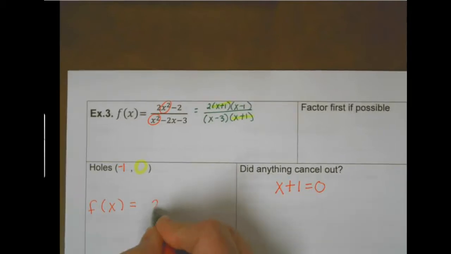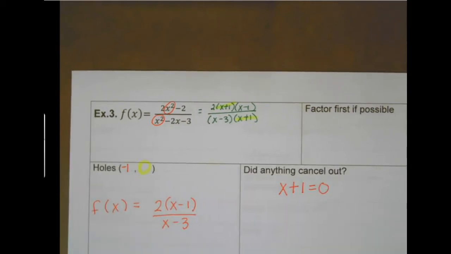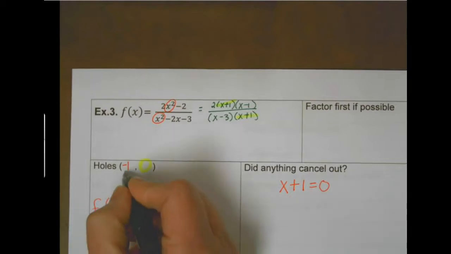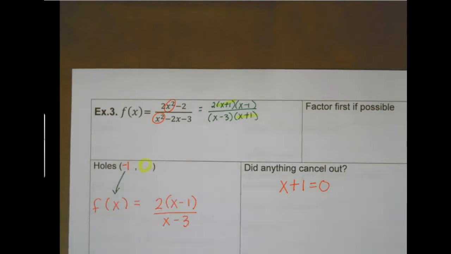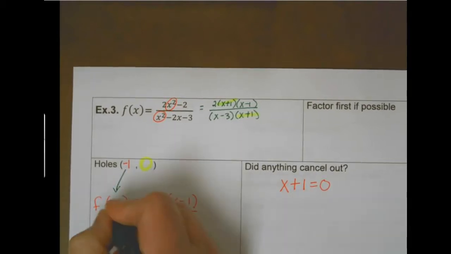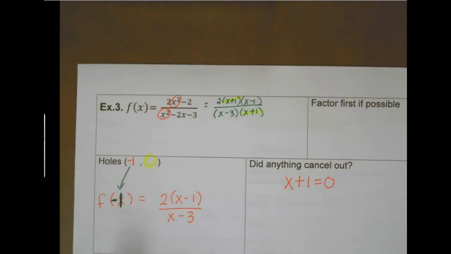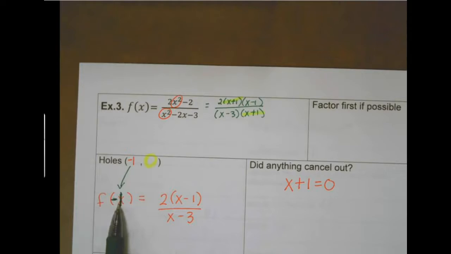After you factored and canceled, what's left? So, what did I figure out for the hole? The x value is -1. So I'm going to figure out f of -1.